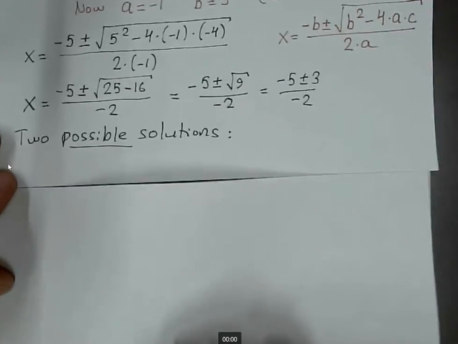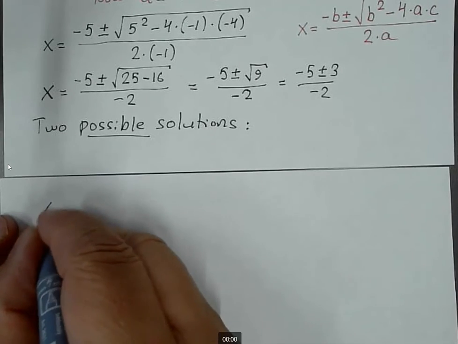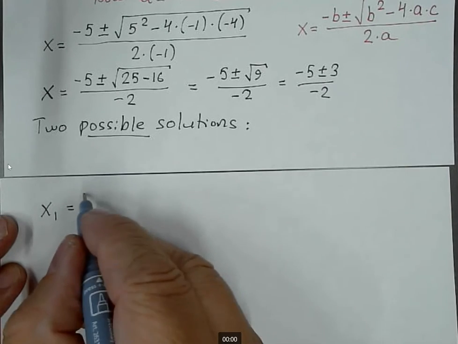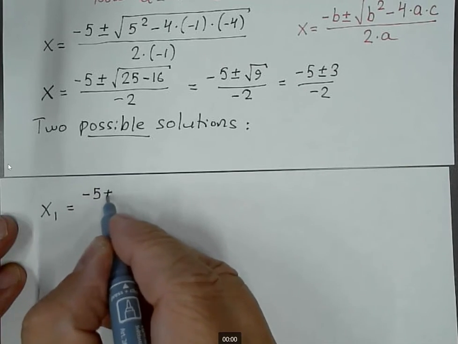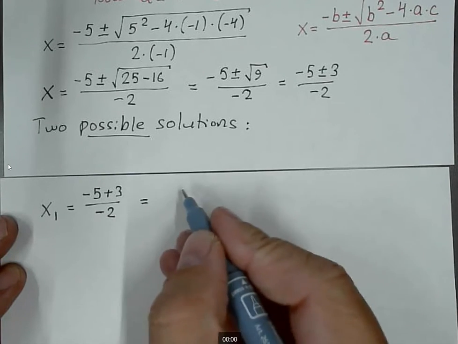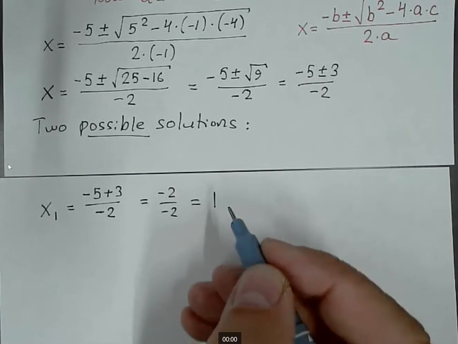I will use indices there. For x1 I will take the plus sign: -5 plus 3 divided by -2. So this means it will be -2 divided by -2, which equals 1.